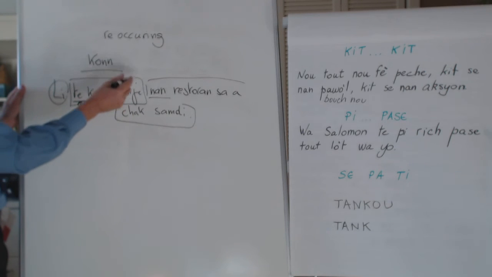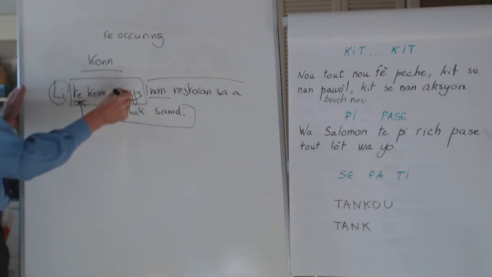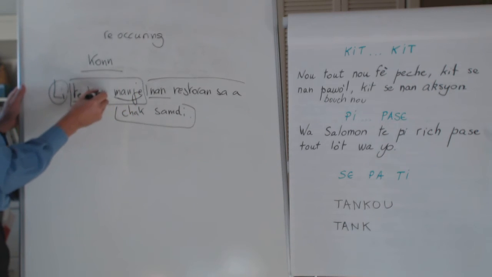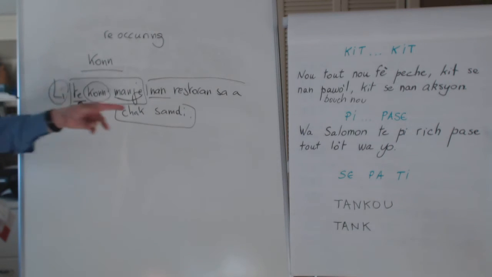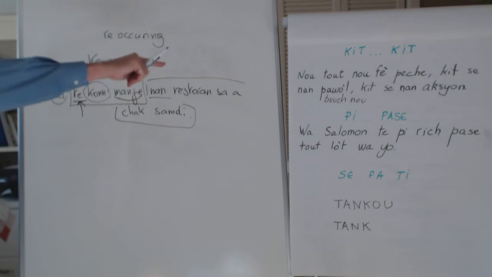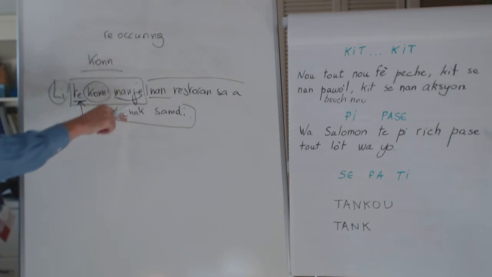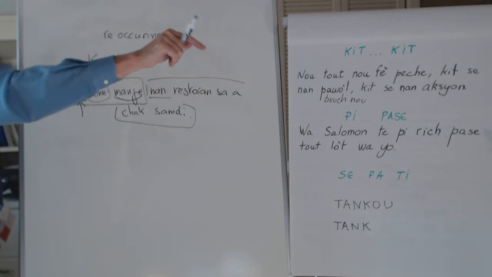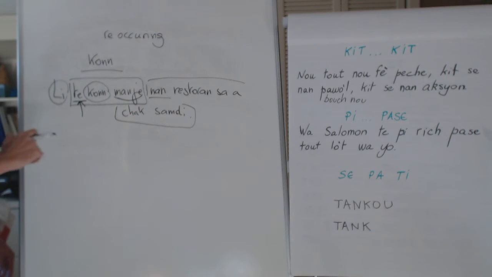Now, when you look at the verb here, between the marker and the action verb manger, we put conn. Conn means used to. It was a habit. Every Saturday, he went to that restaurant to eat. Il était conn manger dans restaurant ça. That one in particular, dans restaurant ça chaque samedi.